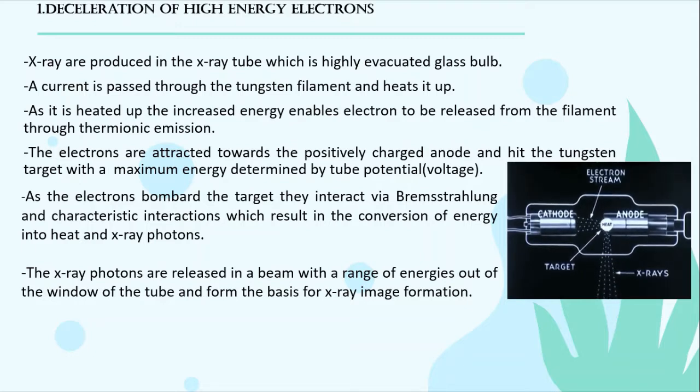As the electrons bombard the target, they interact via Bremsstrahlung and characteristic interactions, which result in the conversion of energy into heat and X-ray photons. The X-ray photons are then released with a range of energies out of the window of the tube and form the basis for X-ray image formation.